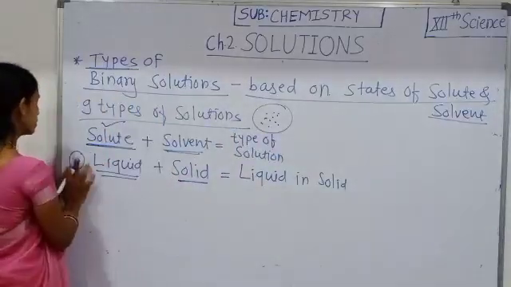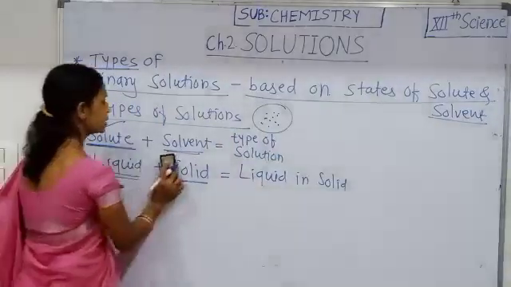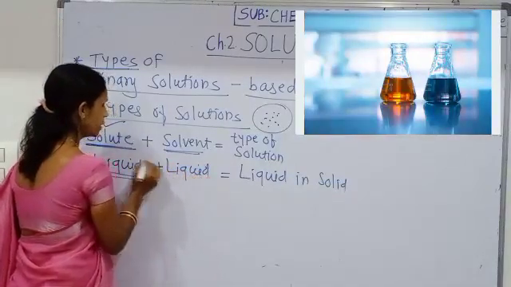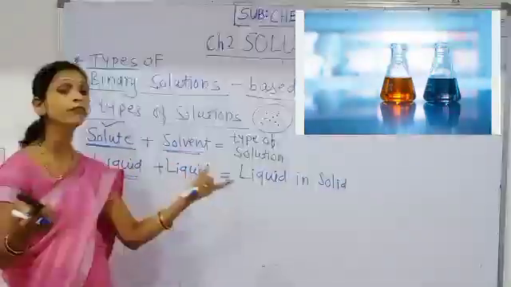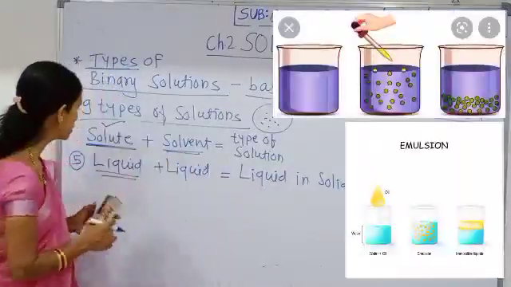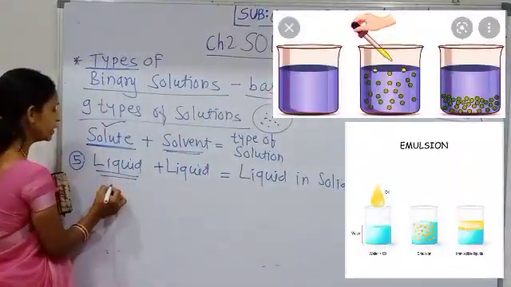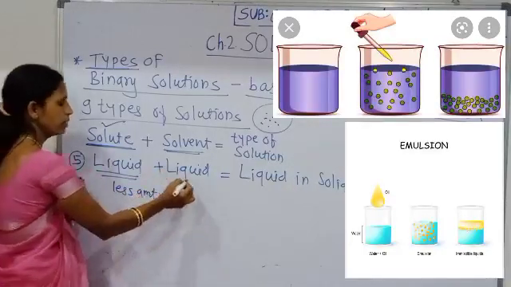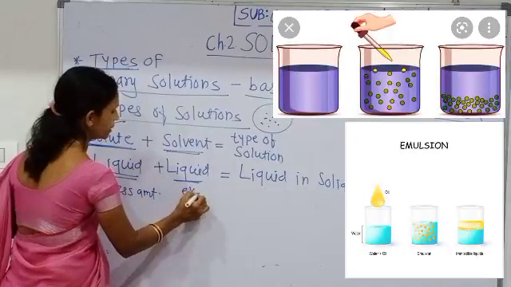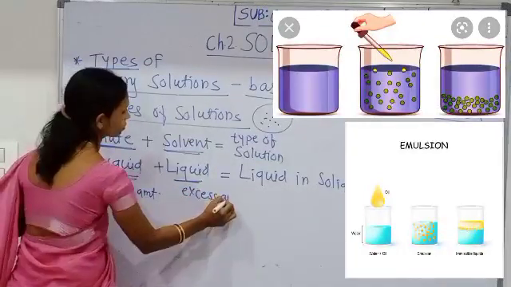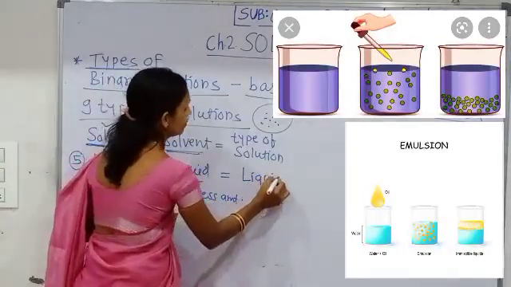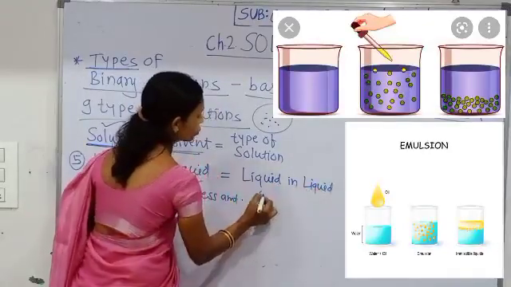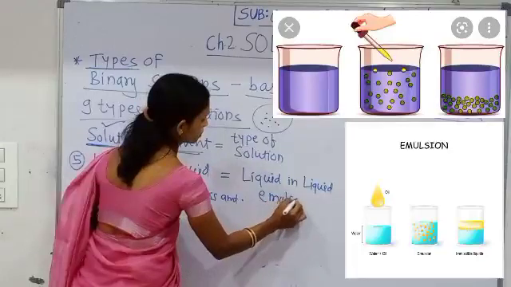Then next, that is the fifth type, that is liquid in liquid type of solution. See here, it is a mixture of two different liquids, one of the liquids present in less amount, while the other liquid is present in excess amount, that is liquid in liquid type of solution, which is also known as emulsions.